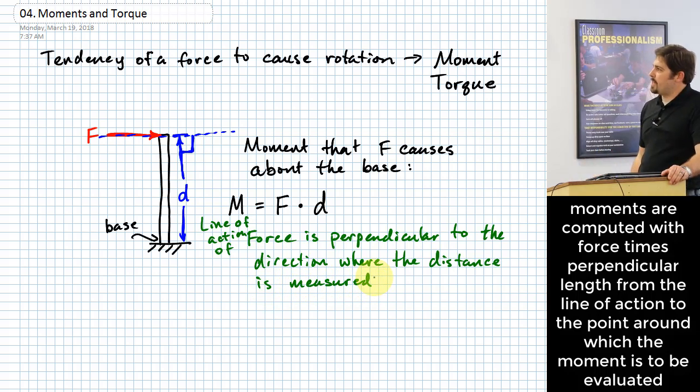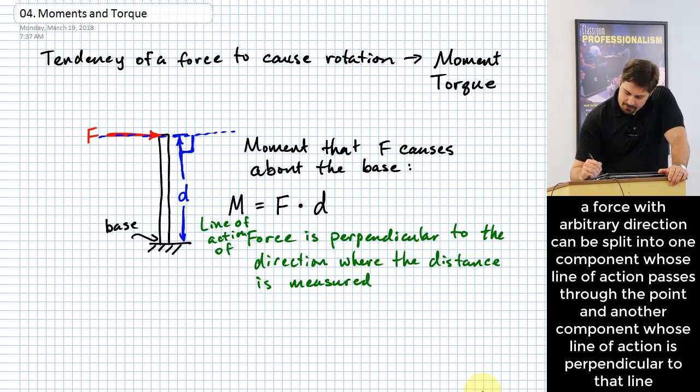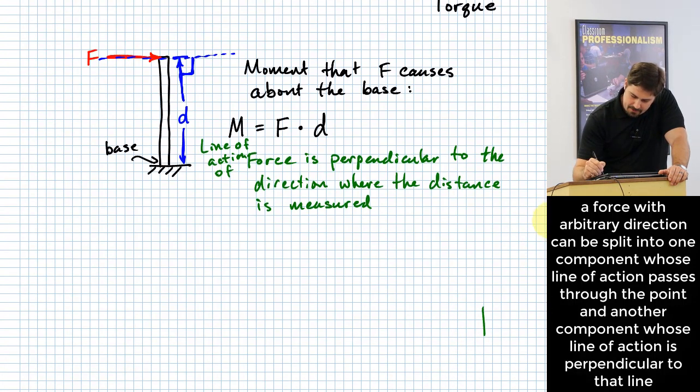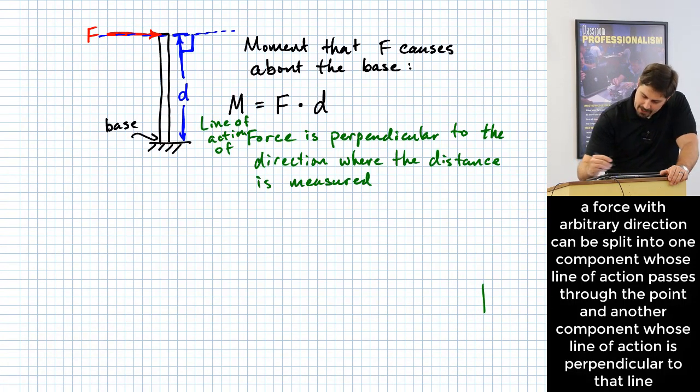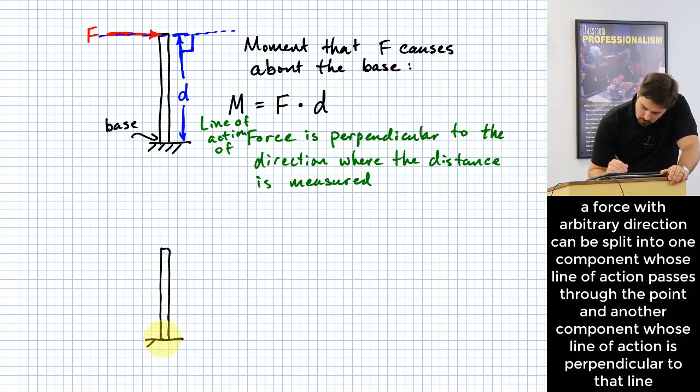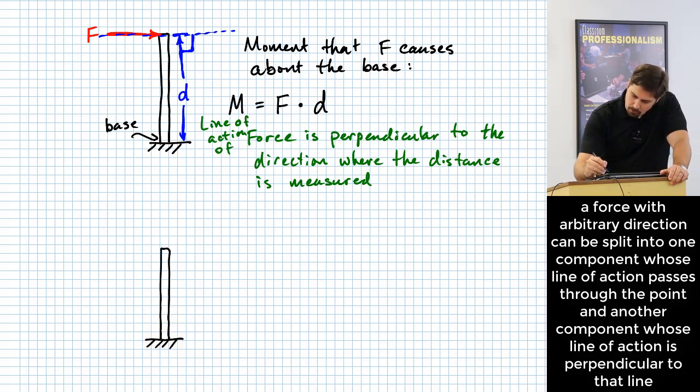Okay, so let's take another example. What if we have something where it's the same idea? There's a little beam that sticks up in the air like this one, but now instead of the force acting like it's shown there, what happens now if the force acts like this?